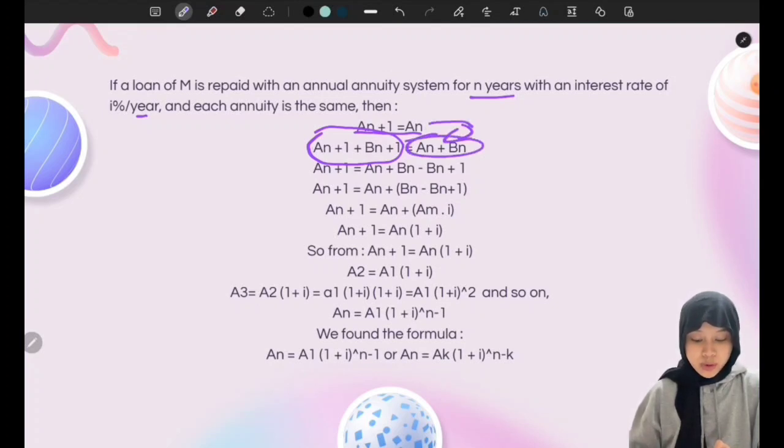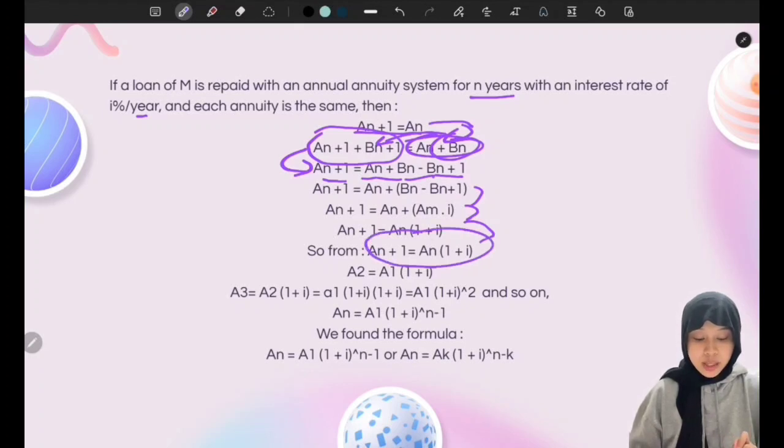So A(n+1) plus B(n+1) equals An plus Bn, so A(n+1) equals An plus Bn minus B(n+1). So we move Bn right here. Okay, so this is the step by step.